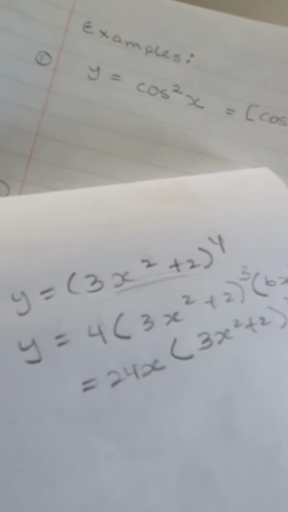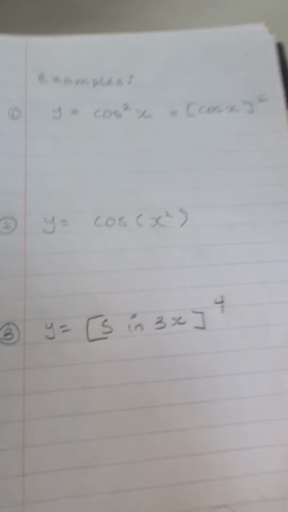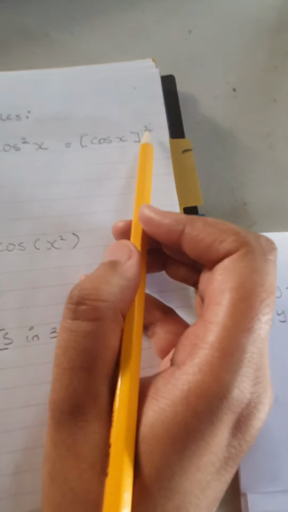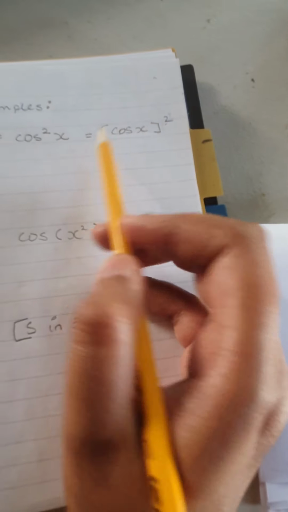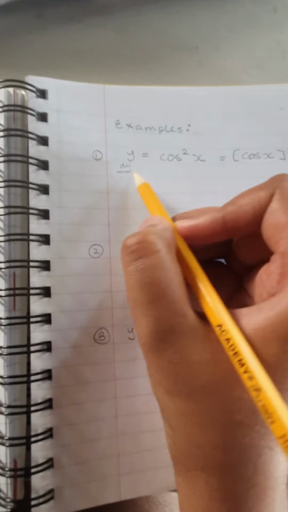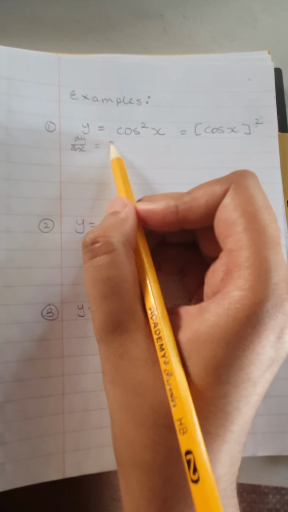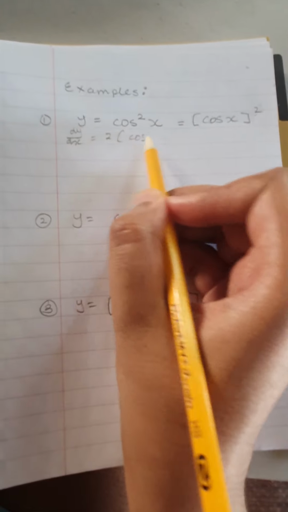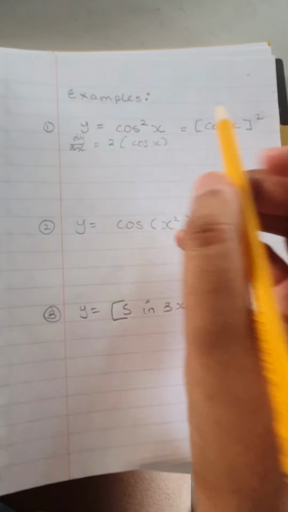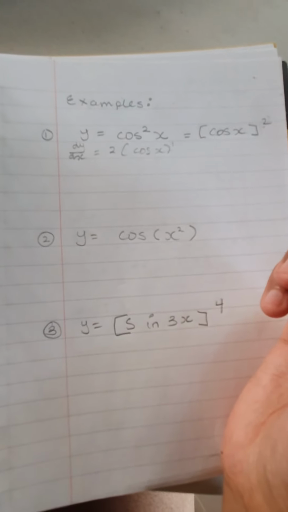Okay, so I'm just shifting around stuff a little bit. Okay, so let's actually start this one here. We're going to do the same thing, right? We're going to take the 2 and we're going to put it to the front, right? So dy dx is equal to, take the 2, put it in front. We're going to get cos x, and we decrease this power by 1, so we're going to get 1. Good so far, right?